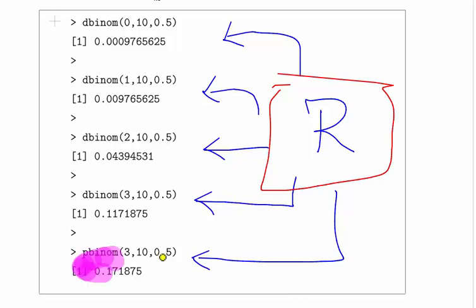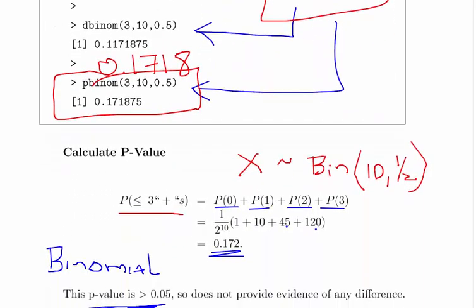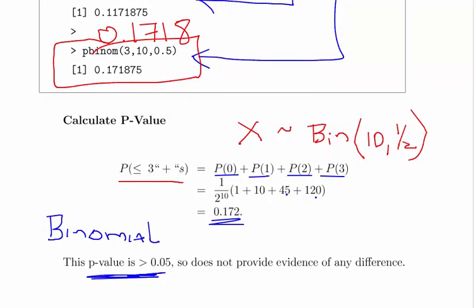Particularly this one here: this is how I calculated my p-value, 0.1718, and I used this bit of code here to get it. That's just a complement to how I dealt with this question in another video.